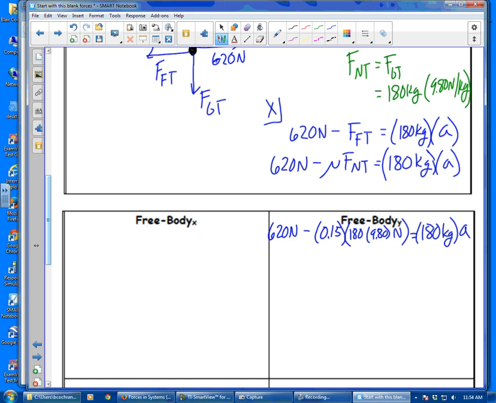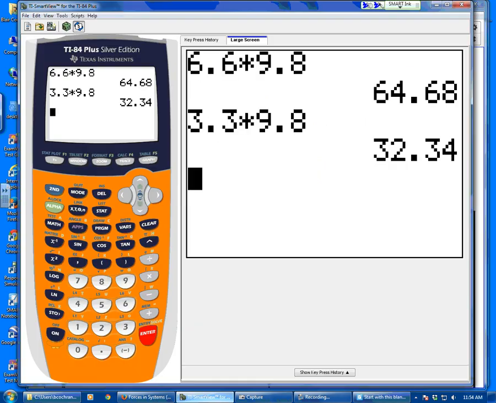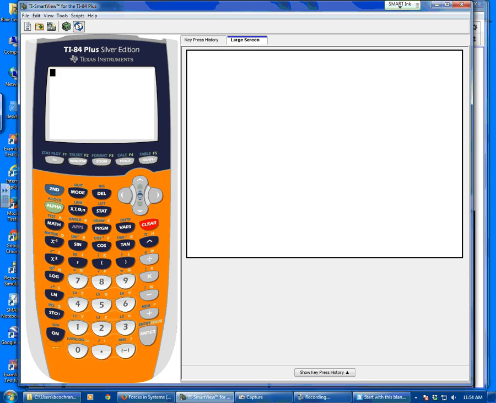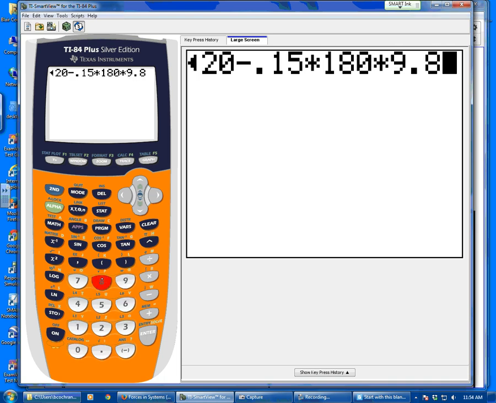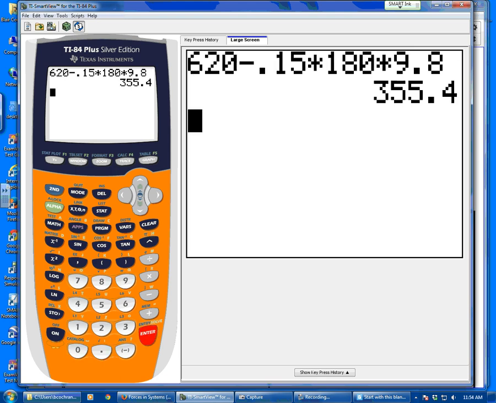Let's see. Clear. 620 minus 0.15 times 180 times 9.8. 355.4.